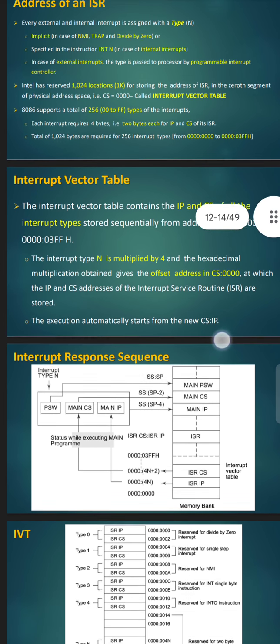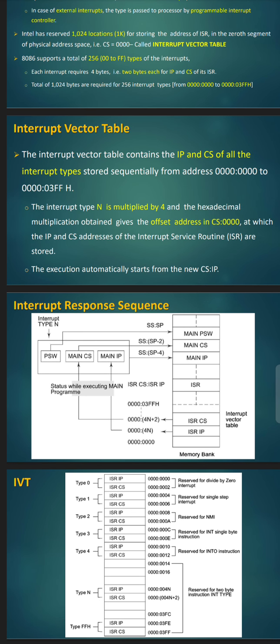So this interrupt vector table contains an instruction pointer and CS register for all types of interrupts, a total of 1024 bytes. And then how to calculate these addresses? There are different types of interrupts. If there are n types of interrupts, n is multiplied by 4 in hexadecimal, and that multiplication gives us an offset address in CS at which the IP and CS addresses of the instruction pointer are stored.